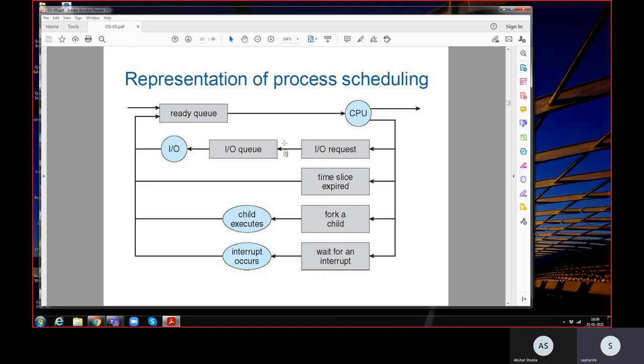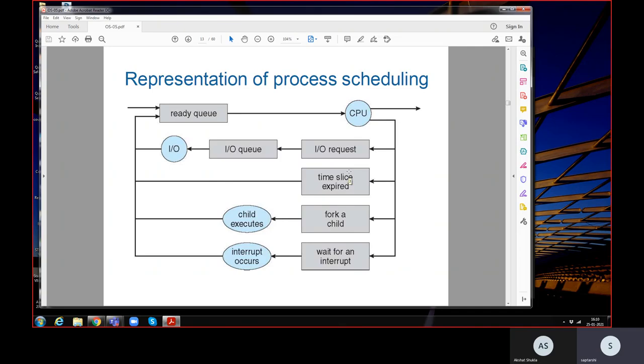One is the process state transition diagram, which we discussed in detail last week. Another one is this kind of queuing diagram, which shows how a process moves from one queue to another throughout its lifetime. So both of these are kind of equivalent. One is giving particular states, names of different states in which a process is, like ready, running, waiting.